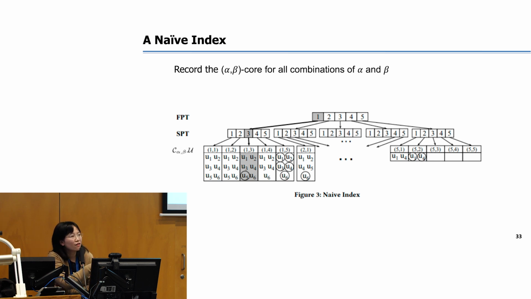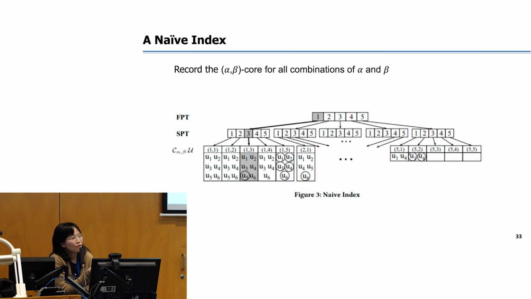Basically, the whole graph is a zero core, where we don't impose any degree constraint. A one core removes all the isolated vertices, those not connected to any other vertex, with a degree of 0. The two core removes the vertices with degree smaller than 2. In the alpha-beta core, we can still retain this property. It still has this hierarchical containment structure.